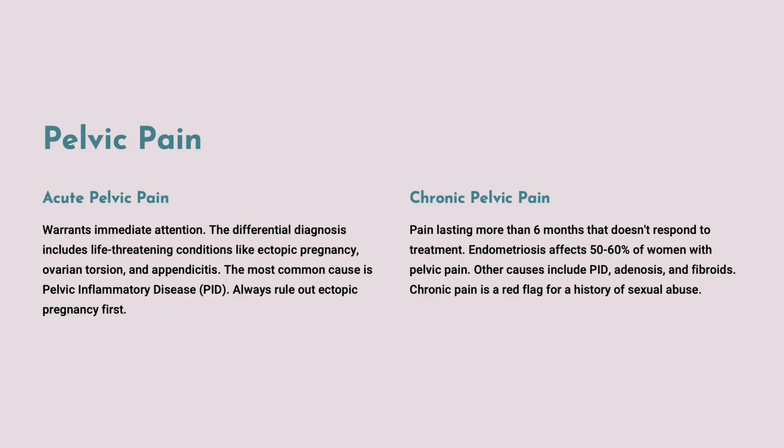But the most common cause of acute pelvic pain, which can possibly be related to sexually transmitted disease, is pelvic inflammatory disease. But of course, it's most important to always rule out the life-threatening cause, which is ectopic pregnancy. Okay, so how do you rule that out? Well, you could of course do an ultrasound.